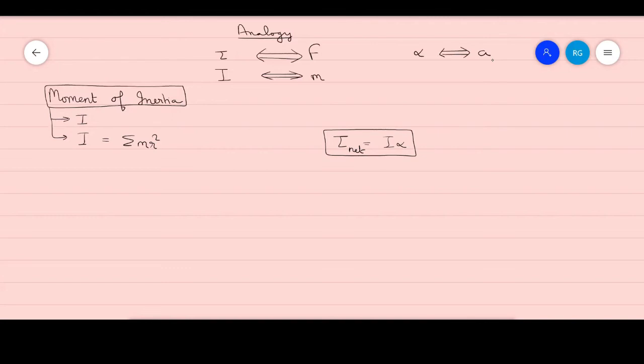Now, suppose I make a very simple numerical we solve. Suppose this is a ring. It has a mass m and radius r.